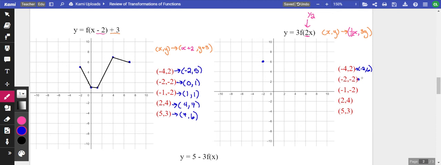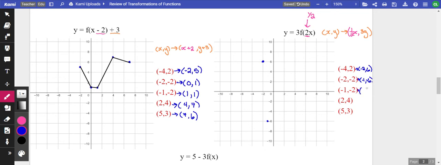1/2 of negative 2 is going to give me negative 1. Negative 2 times 3 is going to give me negative 6. So I'm at negative 1 down to negative 6. So you can see I have stretched that line a lot. It used to be this little line over here, and now it's this big, nice, long line. So you can start to see that stretch happening.